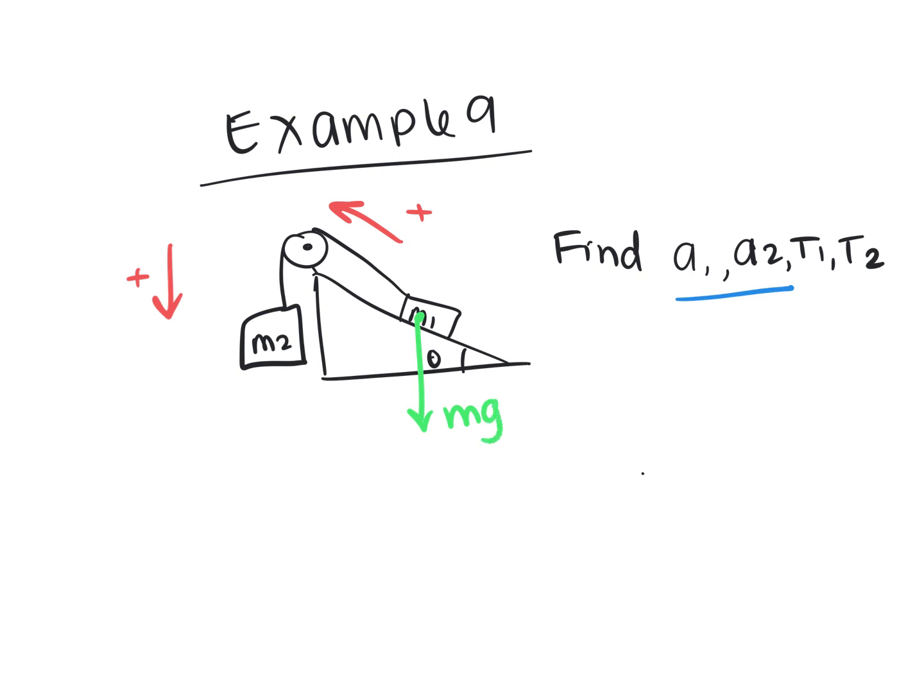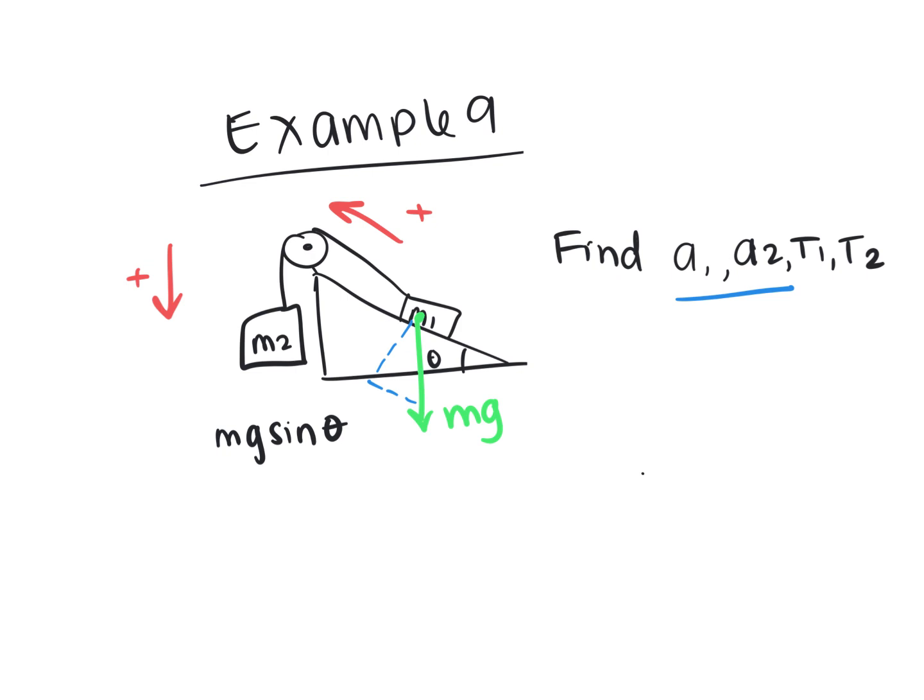In order to find the acceleration, we must keep in mind that mg gives us the opportunity to form a triangle that shows us a parallel line to A. And that parallel line can be found with mg sine of theta.